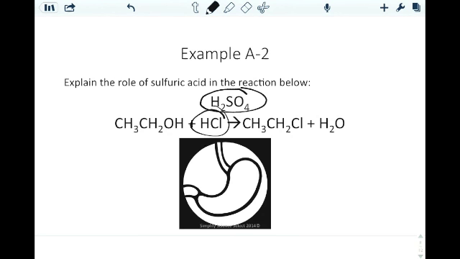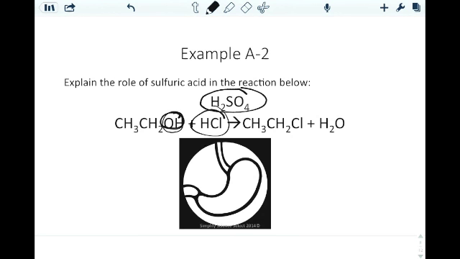Really, what is happening is the sulfuric acid is a catalyst that removes this hydroxide from the molecule and forms a positive charge on that carbon. This carbon attracts the chlorine to stabilize itself and allows the hydronium ion to reform with the sulfate to bring back the sulfuric acid.